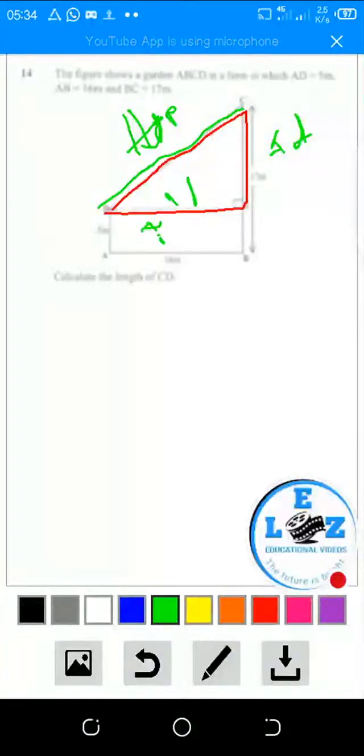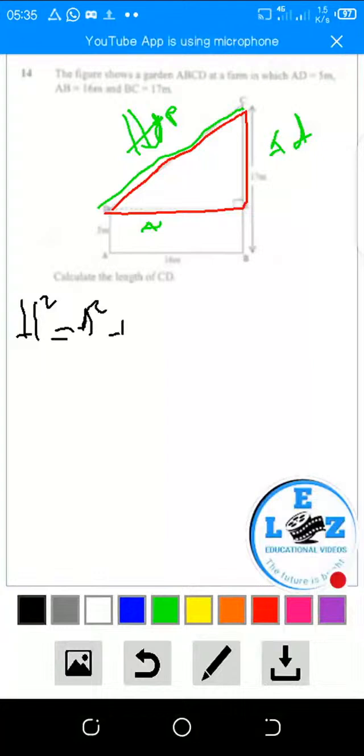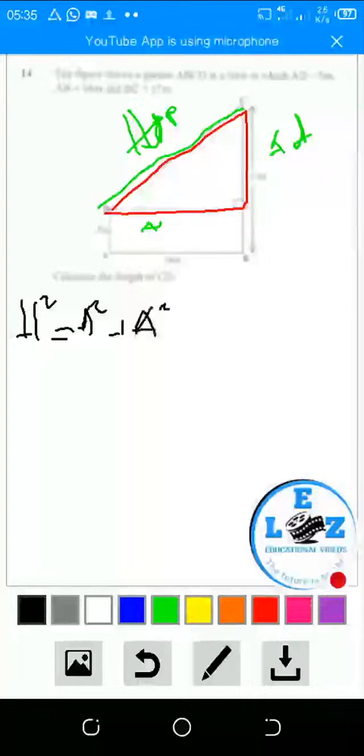The two, DE and CE, are adjacent. So the formula is: hypotenuse, represented by h, squared is equal to adjacent squared plus adjacent squared.